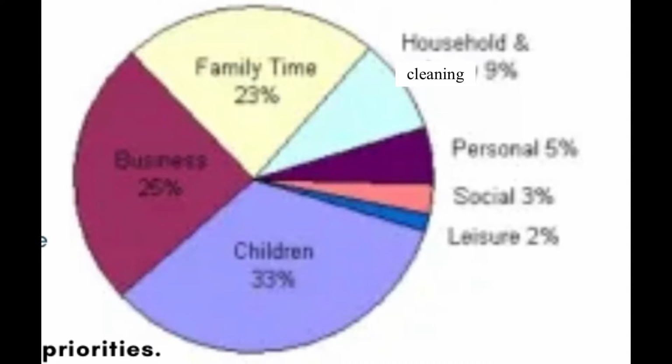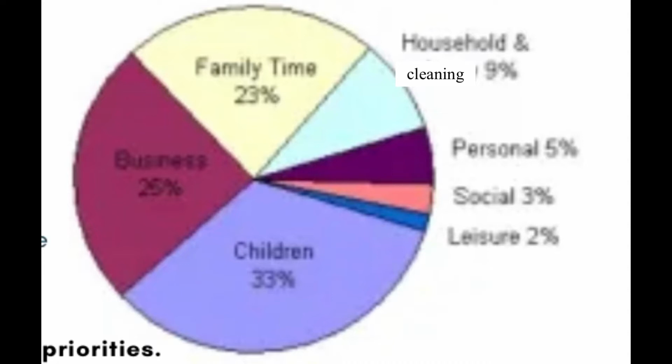Okay, 100%. Now, if my business load ends up being busy one week, that business percentage may increase to 30, 40, or 50%. So then all of the other areas would have to be modified. If you are trying to still operate with family time at 23%, and business has increased, then that is where an overload and clash will happen.